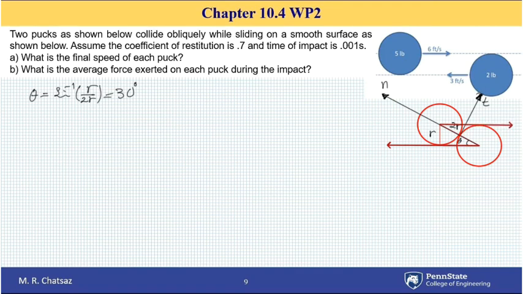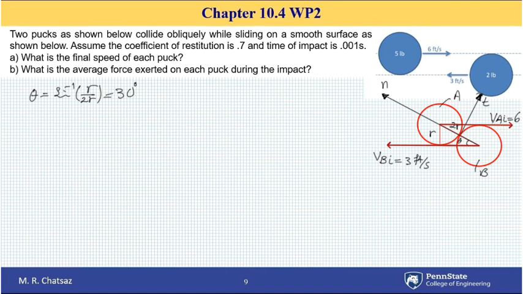So what we want to do is resolve these vectors along the n and t directions to take the two components of conservation of linear momentum in those directions. Recall that is a vector equation. Let's call this ball B and this ball A. So this is VB initial equal to 3 feet per second, and this is VA initial equal to 6 feet per second.